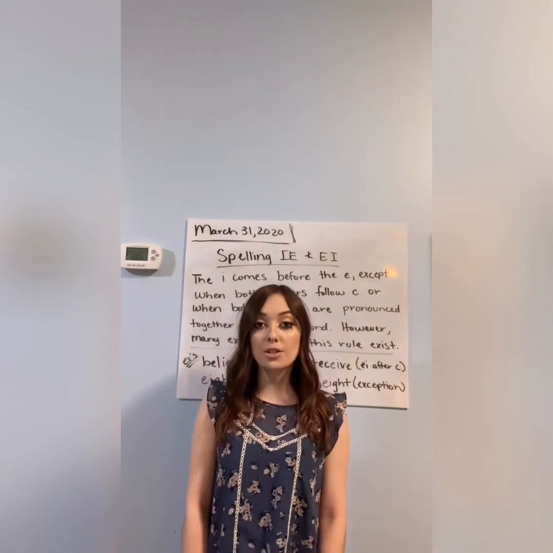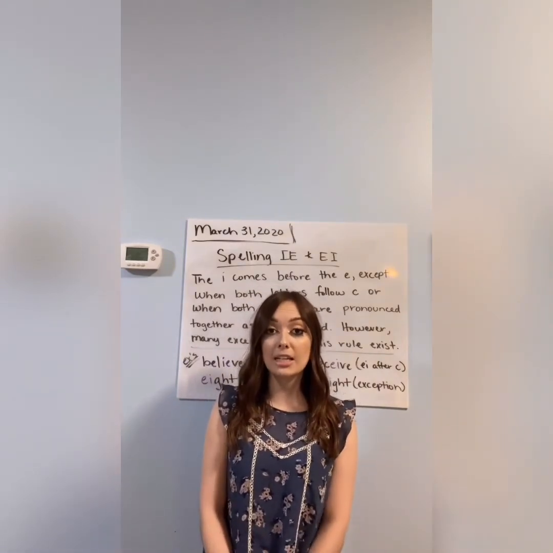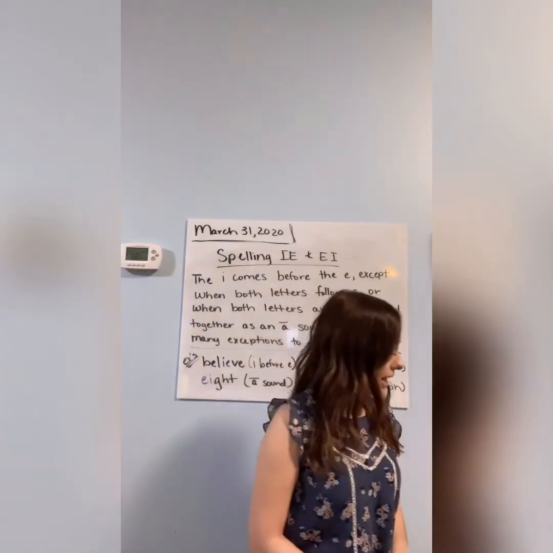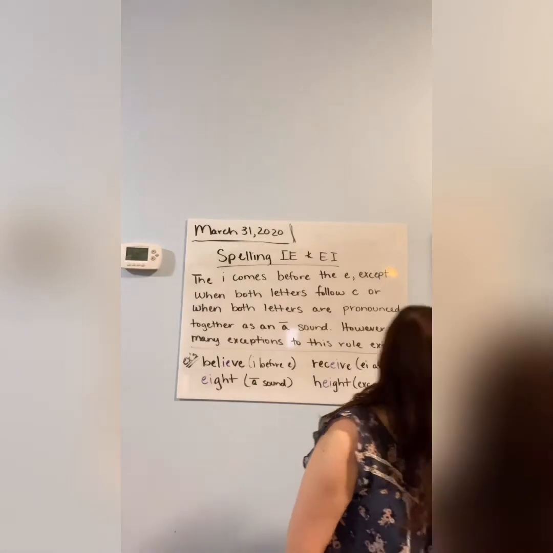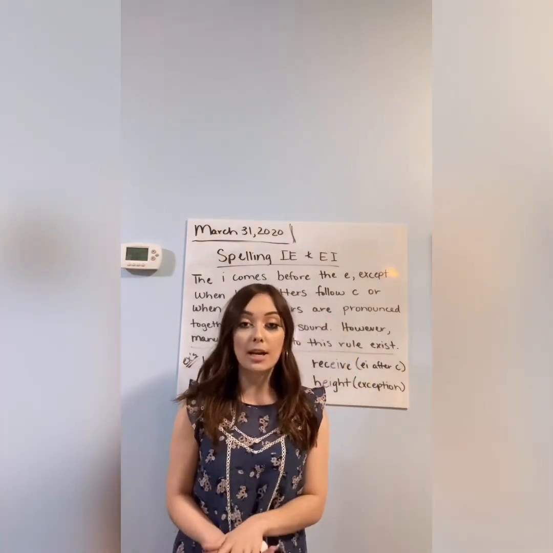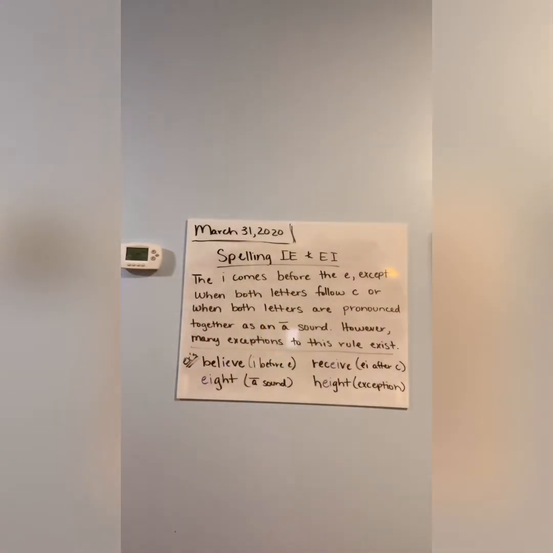Okay, so first you're going to need to have your lesson 93 in front of you because that's what we're going to get started on, and that is on page 293 and 294. So look at the front of lesson 93, which is page 293. Okay, so we're going to go ahead and get started. Today we're going to be talking about spelling I-E and E-I. So I wrote it all on the board for you.